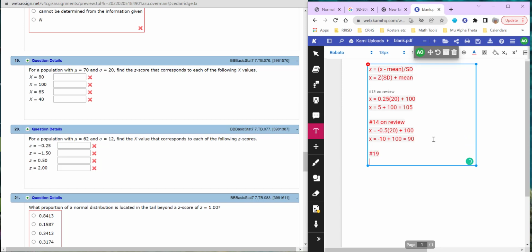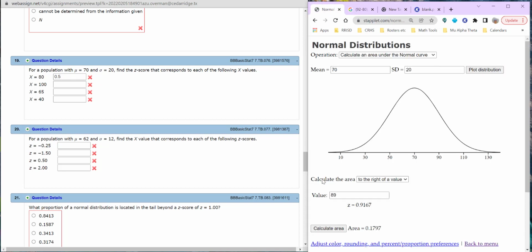We could use z equals, in this case, 80 minus 70 divided by 20, which is 10 over 20, or 0.5, right? And voila, I will put 0.5 in. Or we could, because you guys are allowed to use a calculator, enter 70, 20, and I put in 80. Calculate. I don't care which side. I'm just trying to get 0.5.